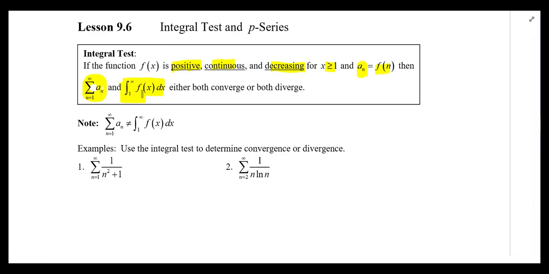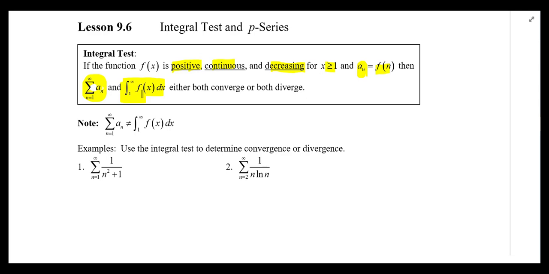So you need to calculate this integral. If the integral converges to a number, then the series does as well. If the integral diverges, then the series does as well.